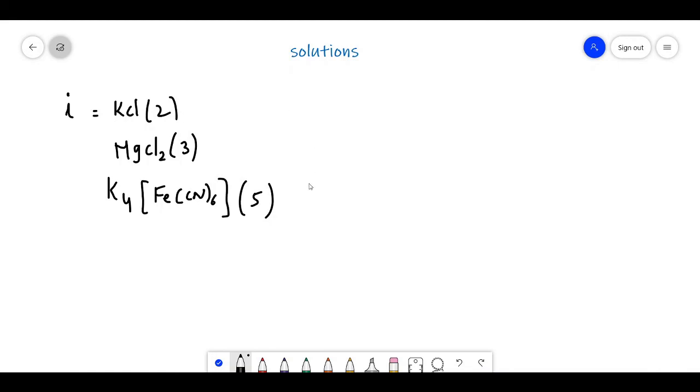So to calculate the i value, we have to take the degree of dissociation, that is alpha. So for dissociation, alpha is calculated by the formula alpha is equal to (i minus 1) by (n minus 1).